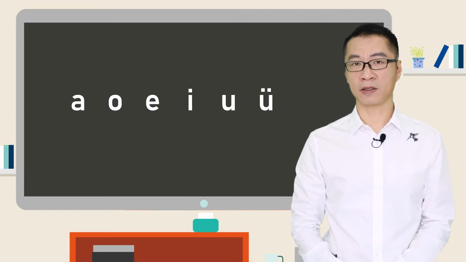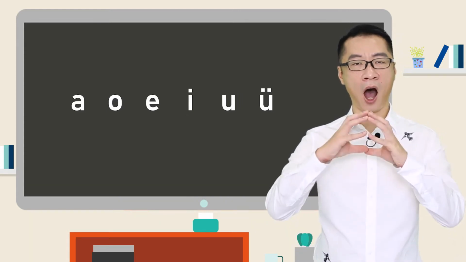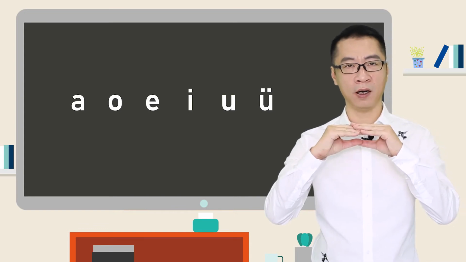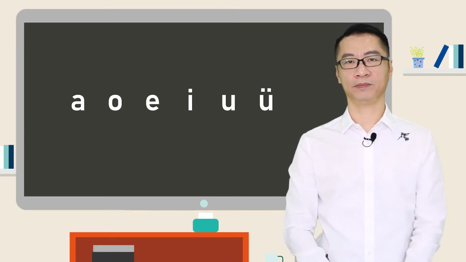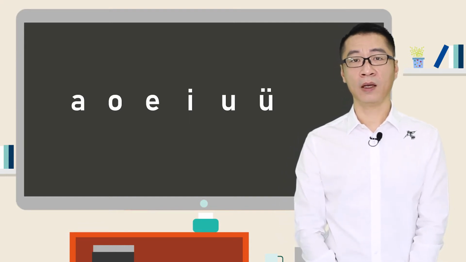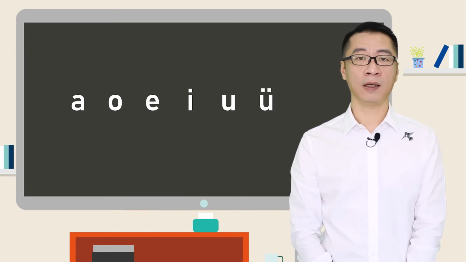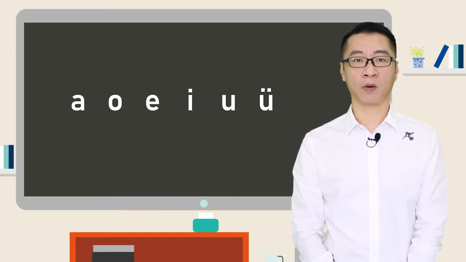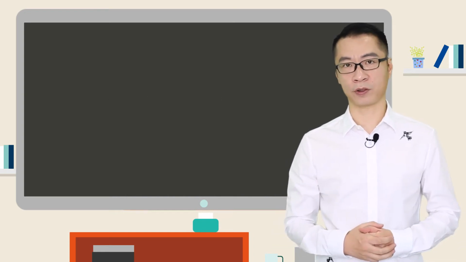There are altogether 6 basic vowels in Mandarin Chinese: a, o, e, i, u, yu. They are called simple finals. And now, let's learn the finals' correct pronunciation and practice their 4 tones.